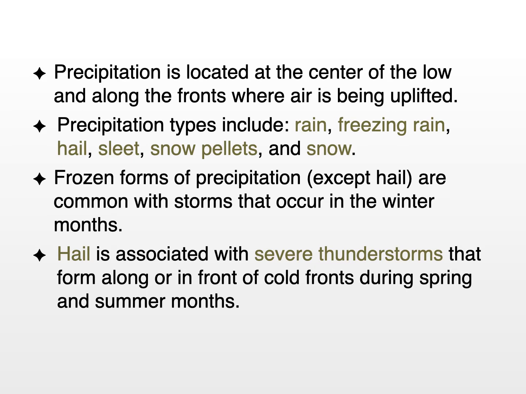Frozen forms of precipitation, except hail, are common with storms that occur in the winter months. Rain in the summer months. Hail is often associated with severe thunderstorms, and they like to form along or in front of the cold fronts, and that's usually in spring and summer months.